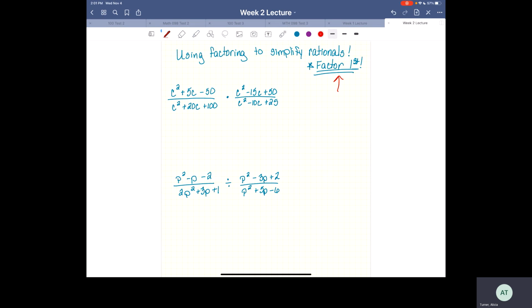Once you factor, things all start canceling out. So factor each one of these trinomials first. Now, for division, I just want to remind you, you keep, you change, you flip. So you keep your first polynomial rational, change your division sign to multiplication, and then flip your second rational.